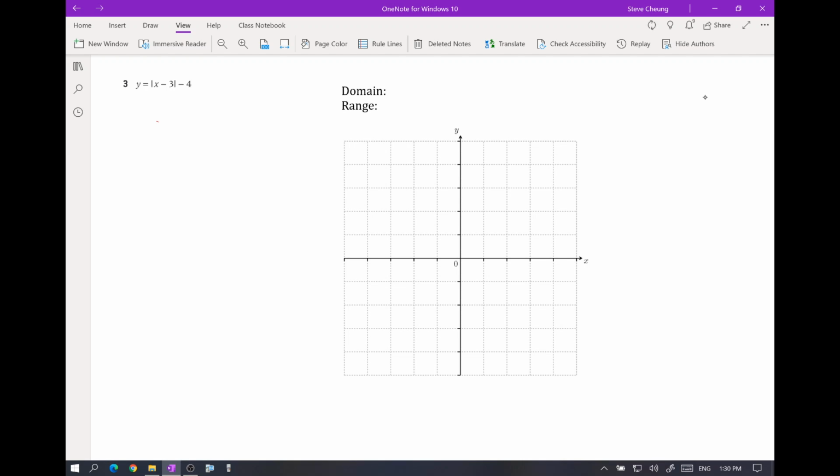Okay, so here, if I set the inside to be 0, we have x equal to 3. So that tells us that at x equals 3, we have a turning point, in a sense. But that turning point actually occurs at minus 4 as well. So together with 3 and minus 4, we have this vertex over here. And again, we're going to have a 45-degree line.